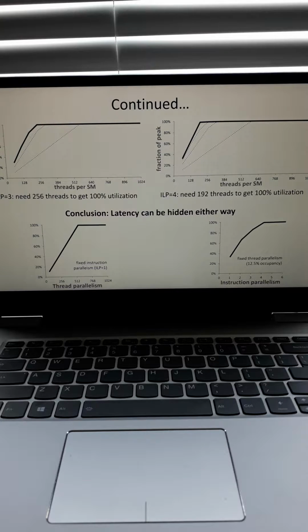That is, if we set ILP to 1, we need 576 threads to achieve 100% utilization, and if we set the occupancy to 12.5%, which is around 1/8 of what we need in thread level parallelism, we achieve the same level of utilization with instruction level parallelism equal to 4.